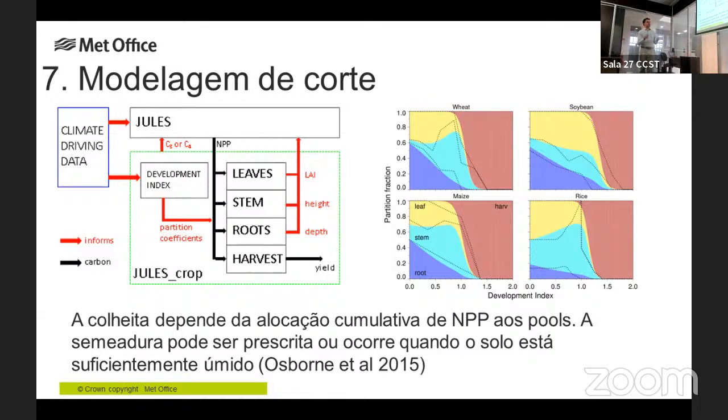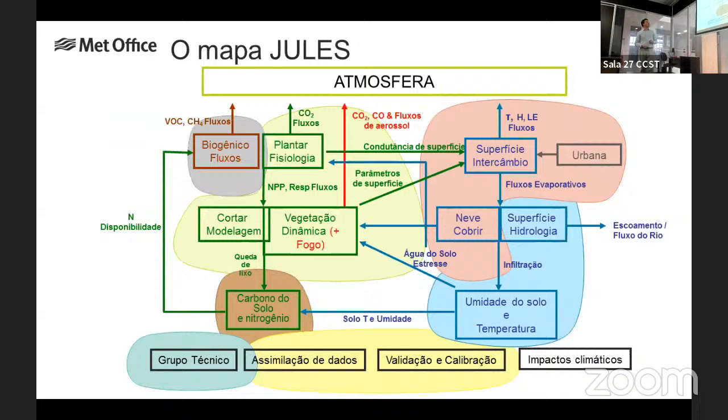That's quite empirically done, so it's maybe less process based, but it gives a demonstration of the breadth of a model, in that you can do studies on impacts such as fire and crops, do projections, and do historical assessments. There's a lot of things. This took me forever to translate into Portuguese.